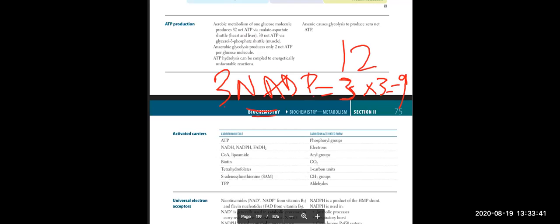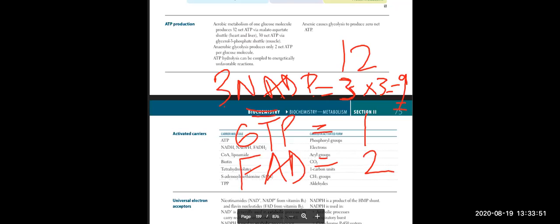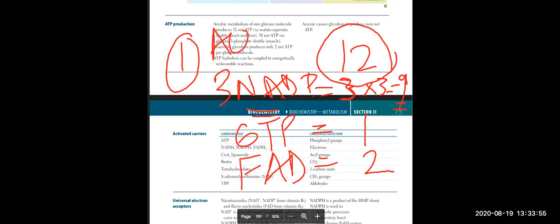So 3 NADH means 9 ATPs. Then you have a GTP. GTP gives you 1 ATP, and then you have an FADH2, and FADH2 gives you 2 ATPs. So you get a total of 12 ATPs from 1 acetyl-CoA. But in your TCA cycle, you do not have 1, you have 2 acetyl-CoAs. So in total, you will be getting 24 ATPs. Okay, please remember this from your TCA cycle.